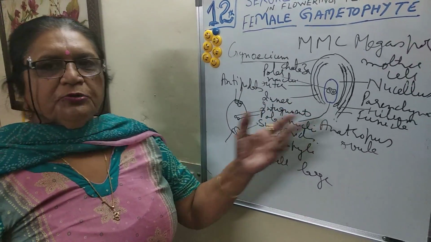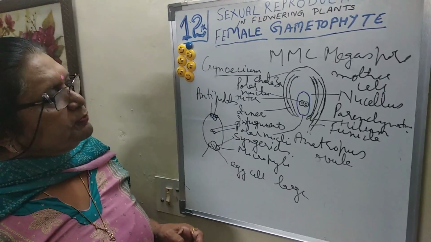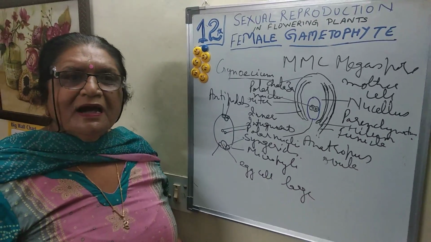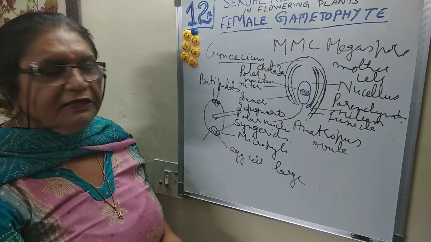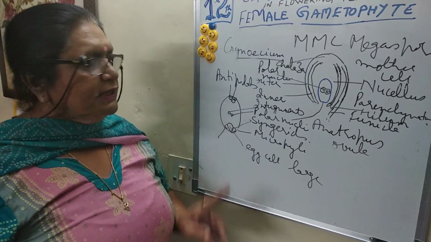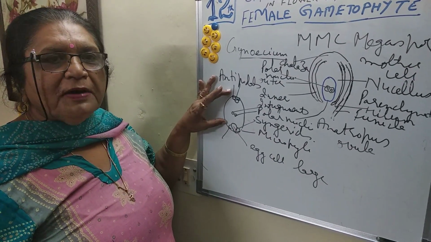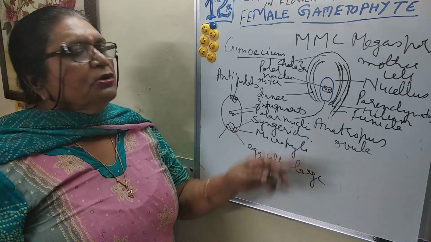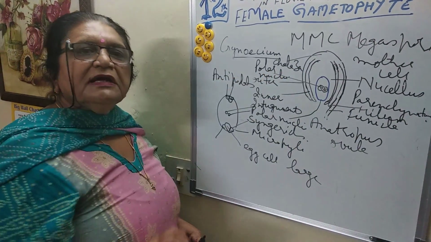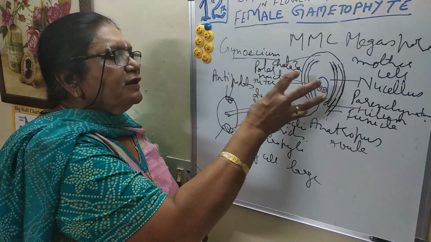In your paper or board exam, both diagrams can come. If the ovule comes, you will draw the integument along with it. If only the embryo sac comes, then draw only this much part. If you draw the ovule along with it, you will get 0. The embryo sac diagram is separate and the ovule is separate.